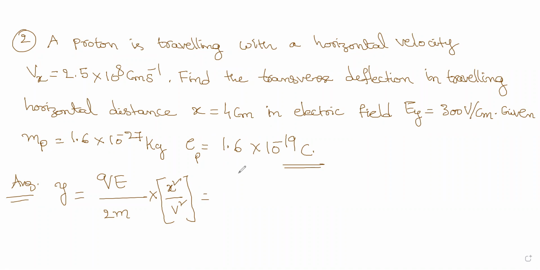Now Q is the charge of the proton, 1.6 into 10 to the power of minus 19 coulombs. And the electric field, we have to be a little bit careful.